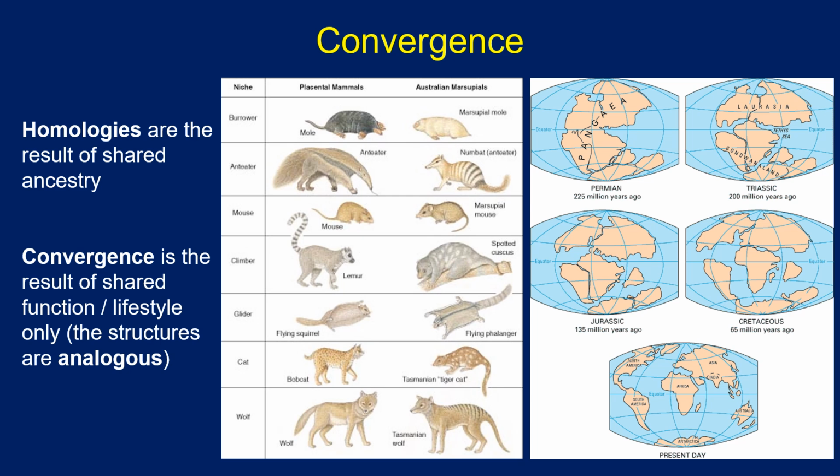When this breakup was occurring during the Triassic and the Jurassic, that is when placental mammals and marsupials diverged from each other. They separated out into two major groups. And what happened, and I'll try to draw this on the Cretaceous map, is the marsupials found themselves isolated in South America, Antarctica, and Australia.